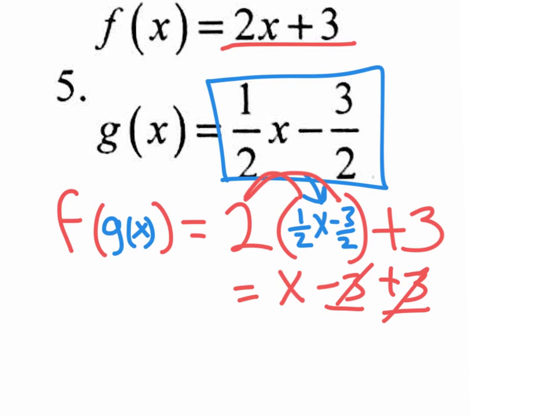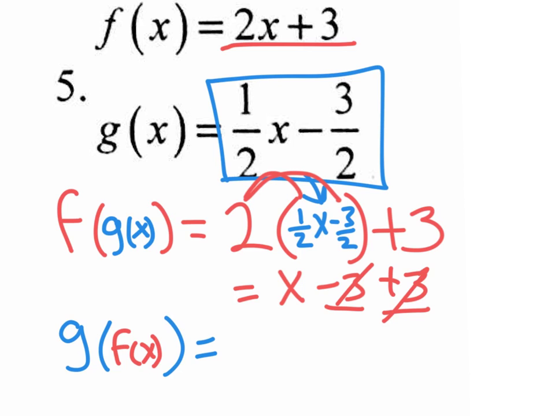So we have verified that they are inverse functions, but we still need to do it the other way around, plugging in f of x into g of x. So to do that, I want to do g, but instead of x, I want to put f of x right here. And that's saying that I'm going to plug in my f of x into my g of x.